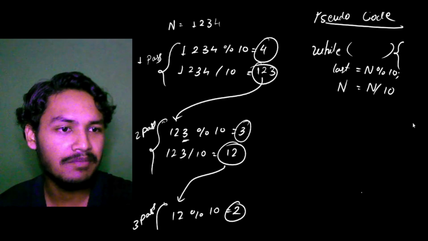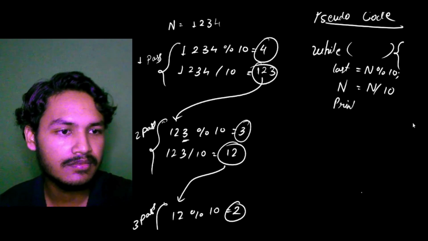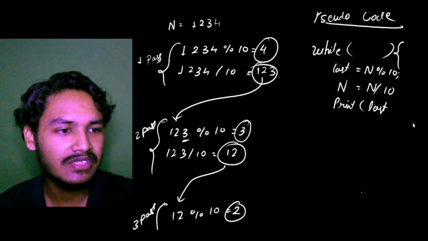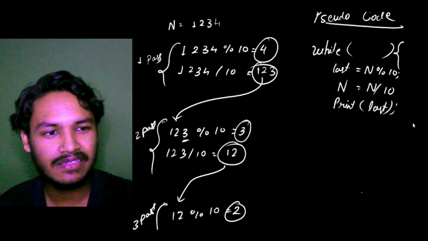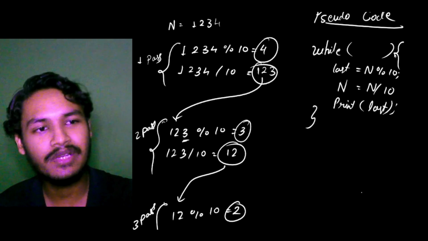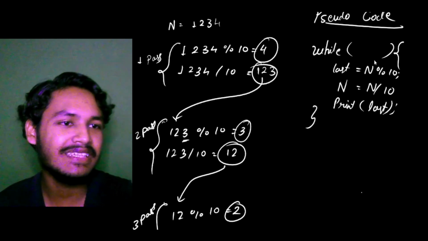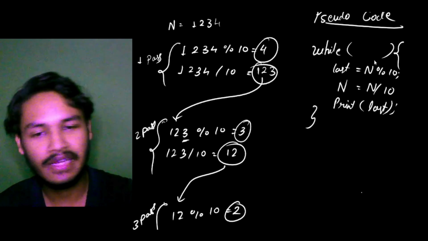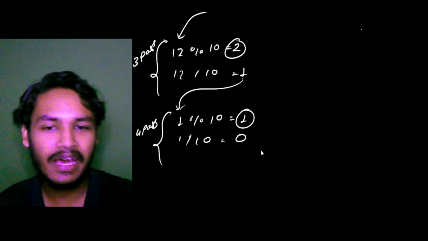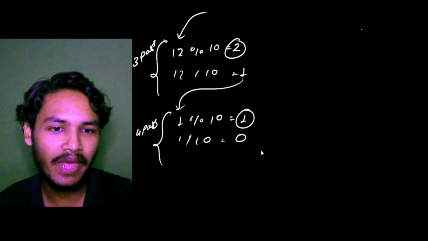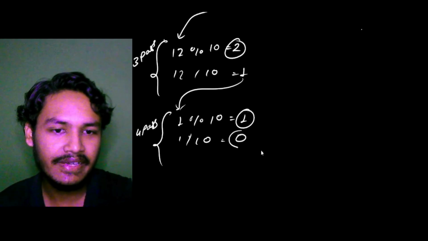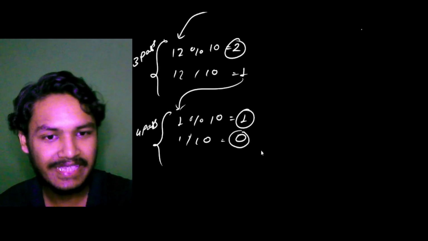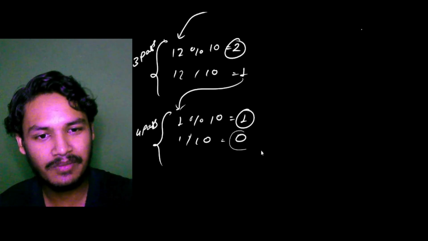If you want, you can print the last digit, so it will print the digit. All right, so what will be the condition in this while loop? You can see that we break our iteration when the input number is 0.